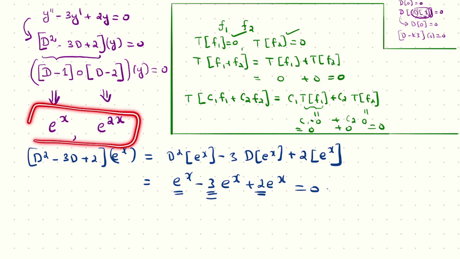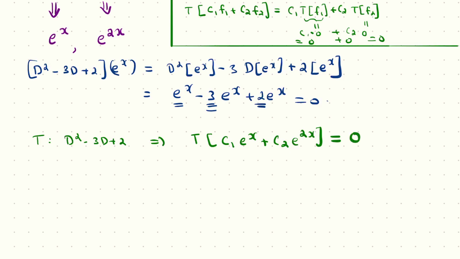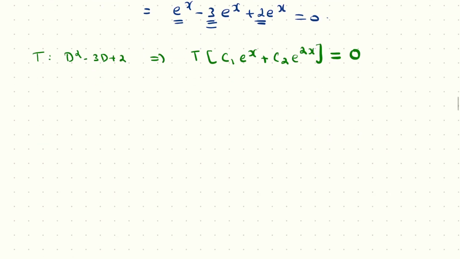In this particular case, if you call this operator T as D squared minus 3D plus 2, then T of a constant times e to the x plus another constant times e to the 2x is going to go to 0.